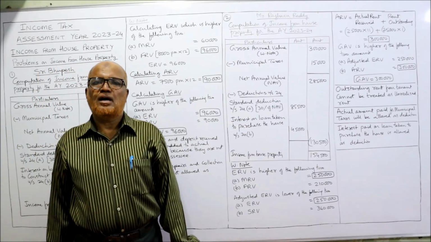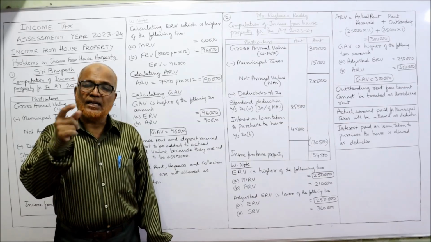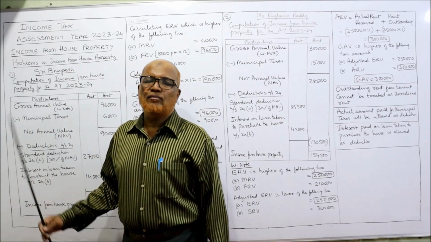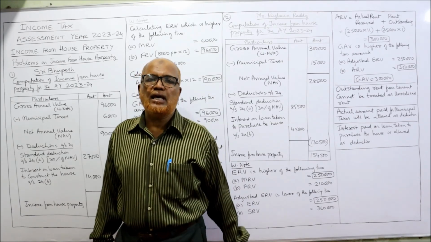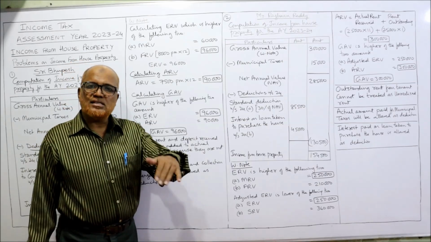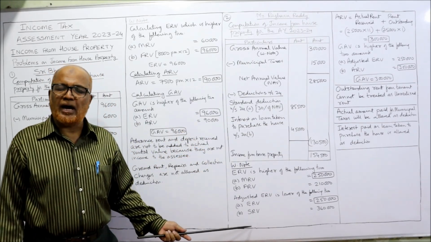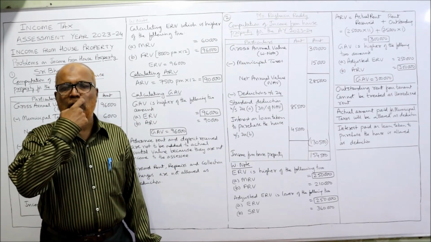Next step is adjusted ERV. Here SRV is given, that's why we are calculating adjusted ERV. In the previous problem we have not calculated adjusted ERV because SRV was not there. So whenever SRV, standard rental value, is there, the new step, adjusted ERV, is the lower of the following two.